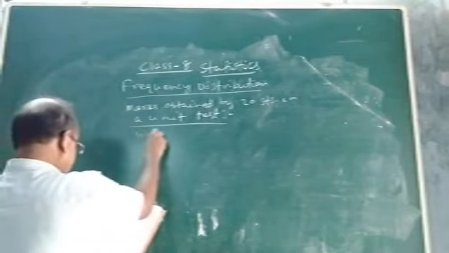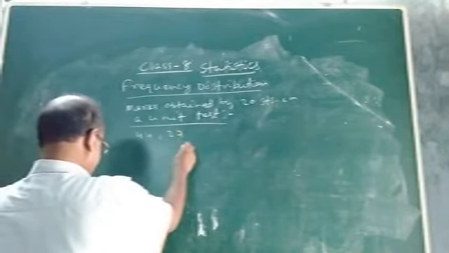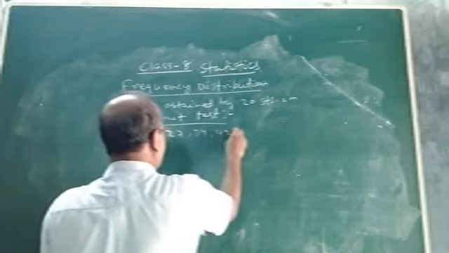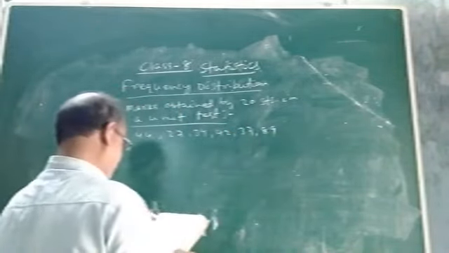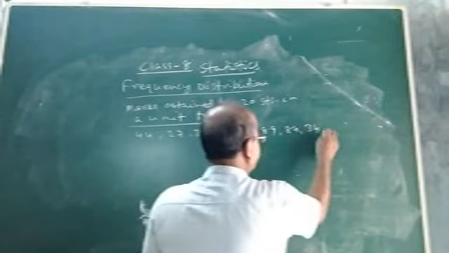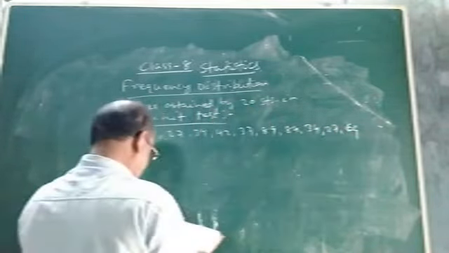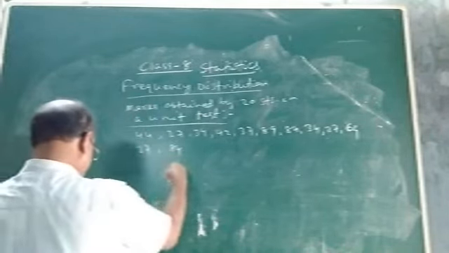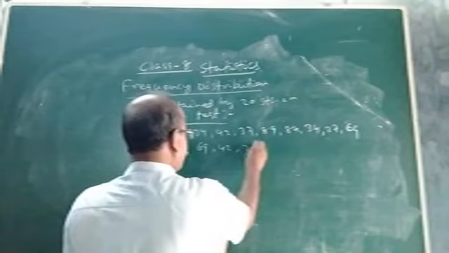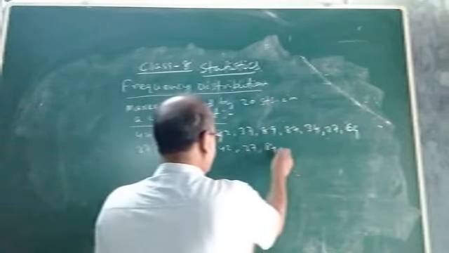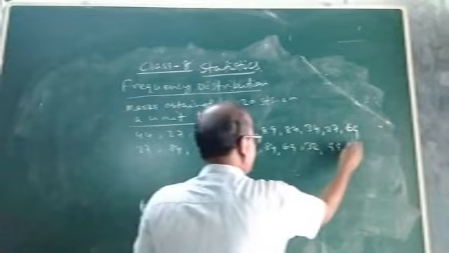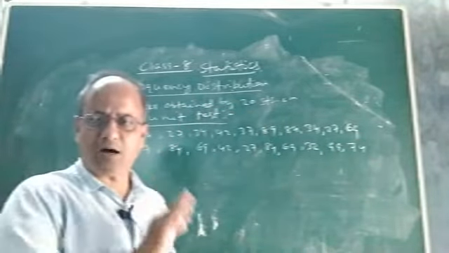Suppose the marks are 44, 27, 34, 42, 37, 89, 42, 37, 89, then 84, 34, 84, 34, then 27 and 69, 27, 69, 27, 84, 69, 42, 69, 42, then 27, 84, again 27, 84, 69, 32, 99 and 74. Suppose these are the marks obtained by 20 students.